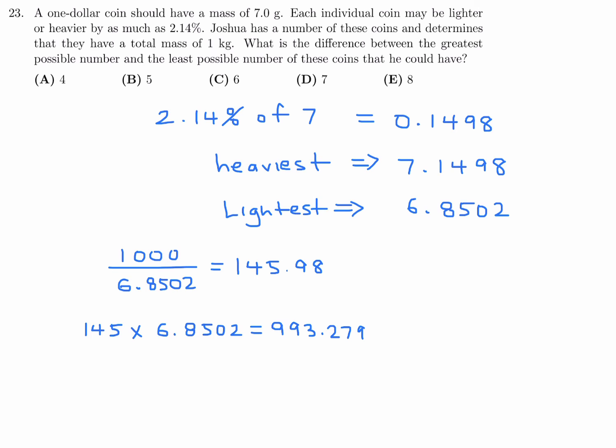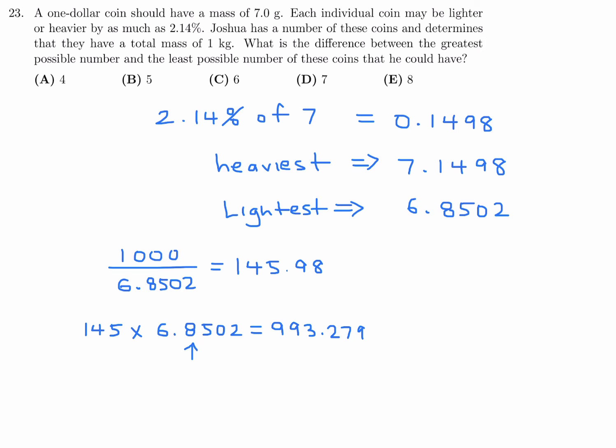But what I can do is I can make each of these coins a little bit heavier, right? Because remember, lightest means the absolute lightest, but any of the coins can be a little bit heavier. They can be exactly 7, or they can be up to 7.1498.